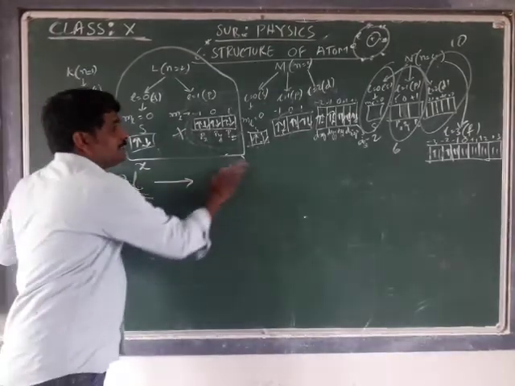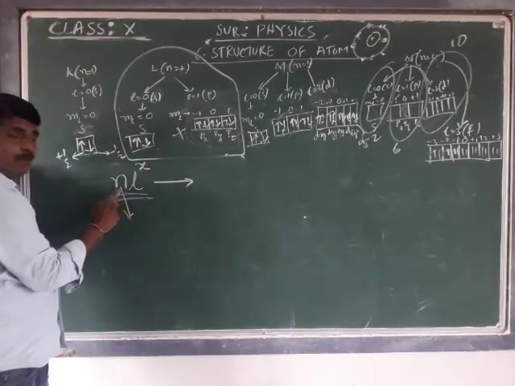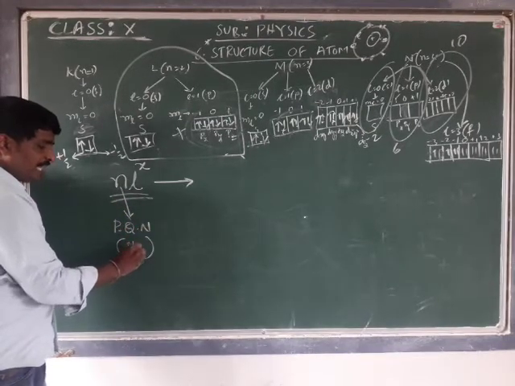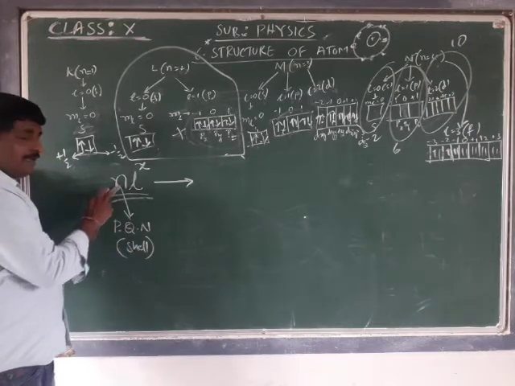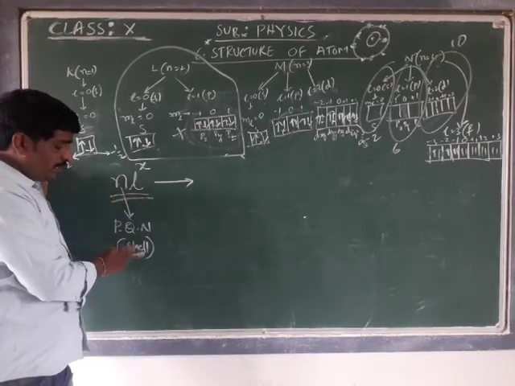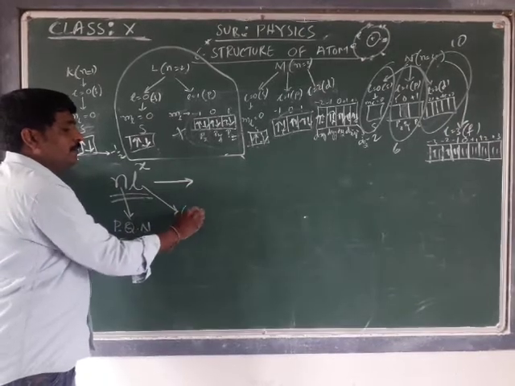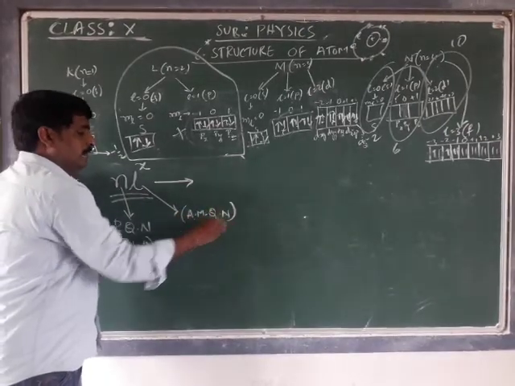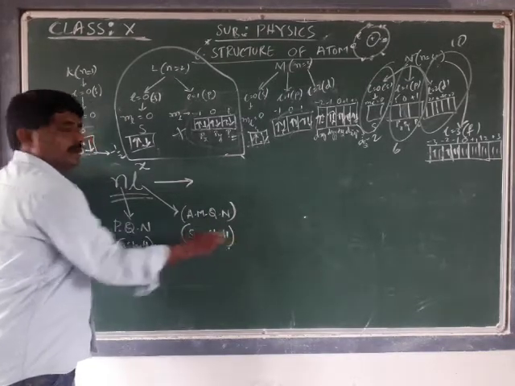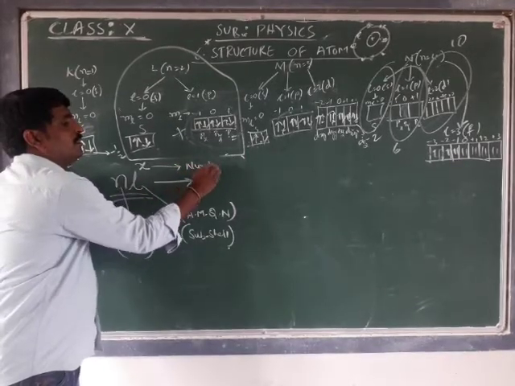N gives the information about the principal quantum number, and the principal quantum number gives information about the shell. L is the angular momentum quantum number, which gives the information about the subshell. X gives the information about the number of electrons.